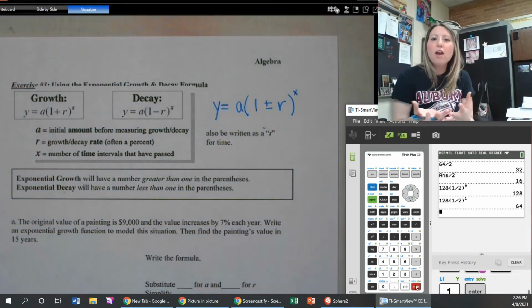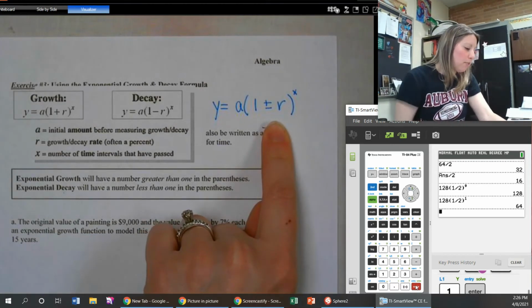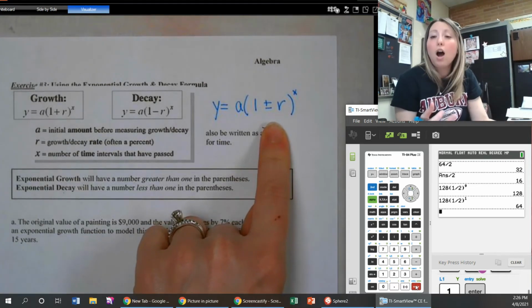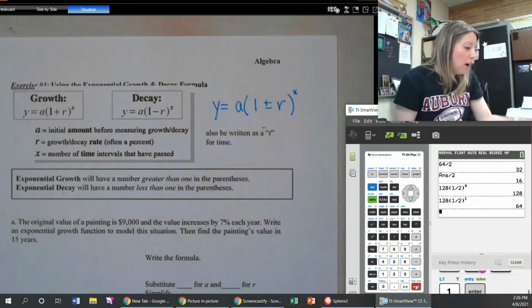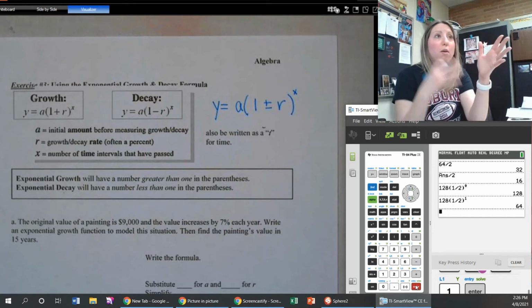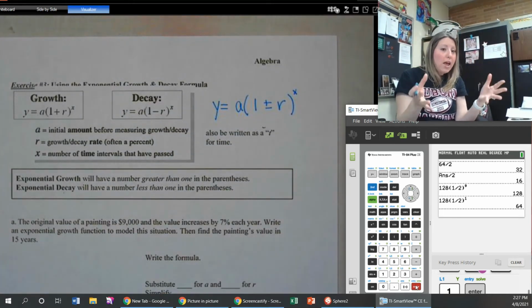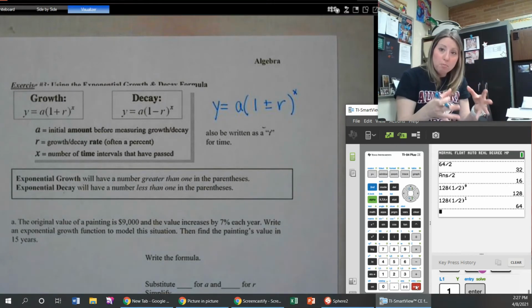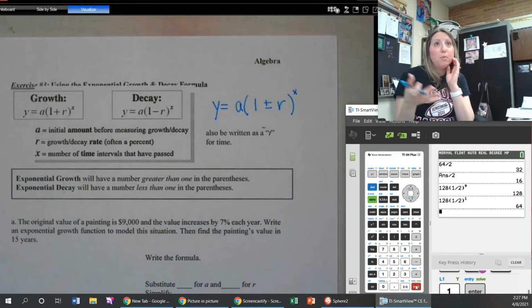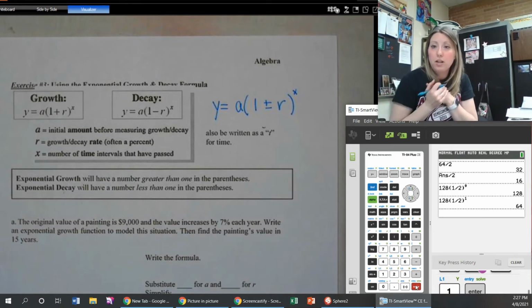And this is the general thing. I'll use the plus, I'll add 1 to my rate of change if I have a growth function. And I'll use the minus if I have a decay function. So the number in the parentheses will be bigger than 1 for a growth function. It'll be smaller than 1 for a decay function.